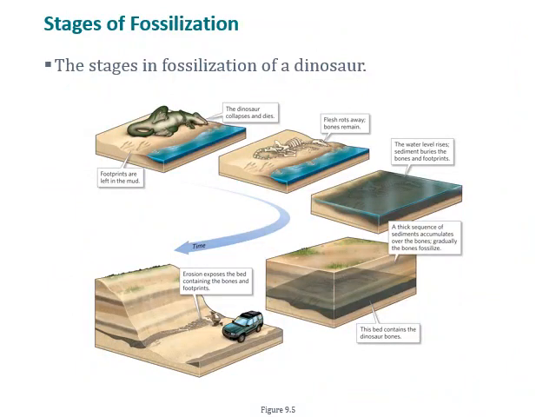There are several stages in fossilization, and we take the example of a dinosaur. So first, the dinosaur may have left footprints in the mud, it has passed away, and then its soft body parts have disintegrated. Then it has been buried by sediment and organic material, and having the water level rise to leave an environment without oxygen.